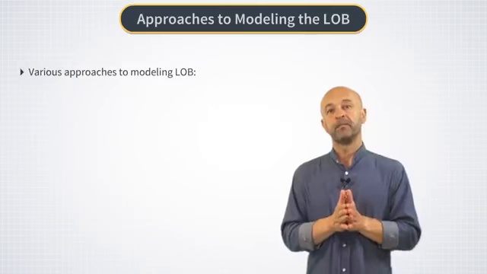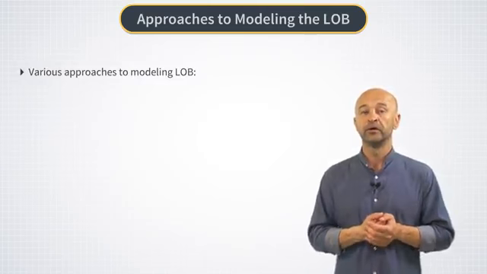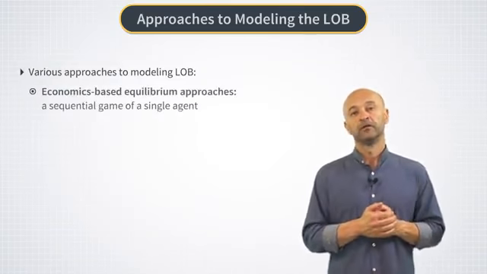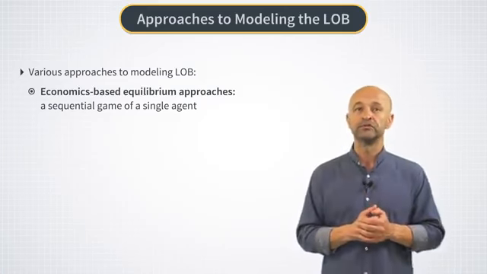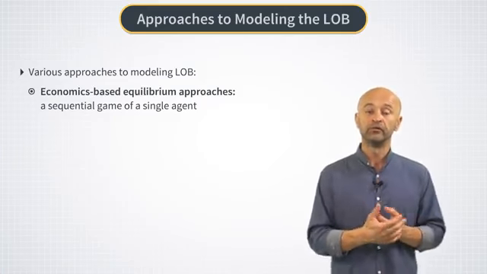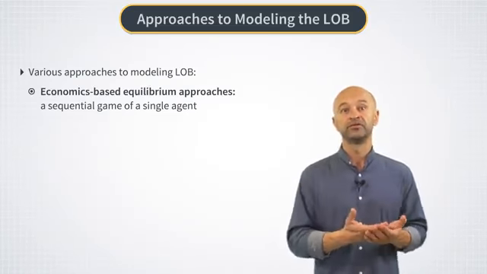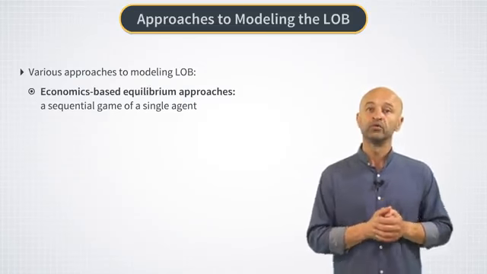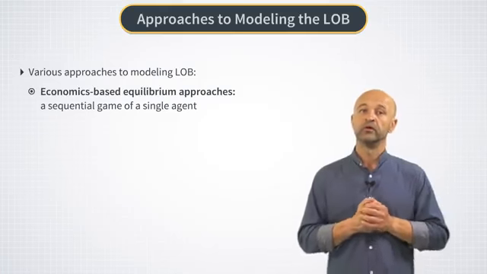And a bit more general view of different approaches to modeling the LOB is to classify them into three categories. The first class is formed by economics-based equilibrium approaches. In these approaches, a single agent is involved in a sequential game against the market represented by a state of the LOB. Other approaches focus directly on modeling observables of the LOB.